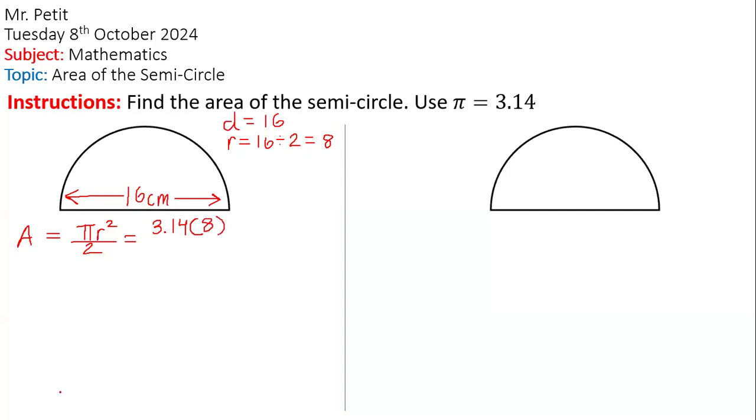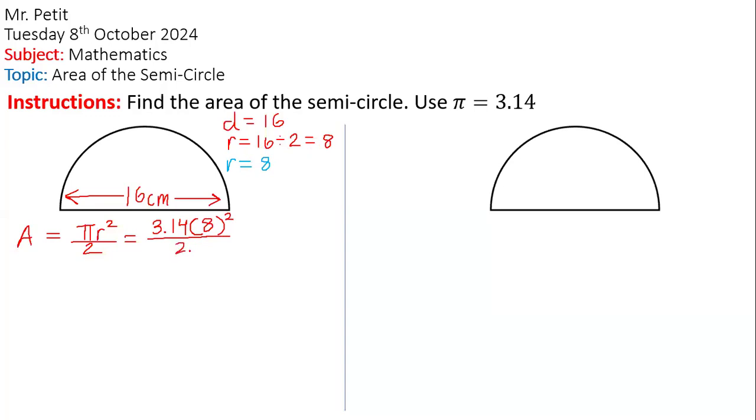Let me just make that clear. R is 8. That's what R is. And so you have to square it and then put it over 2.